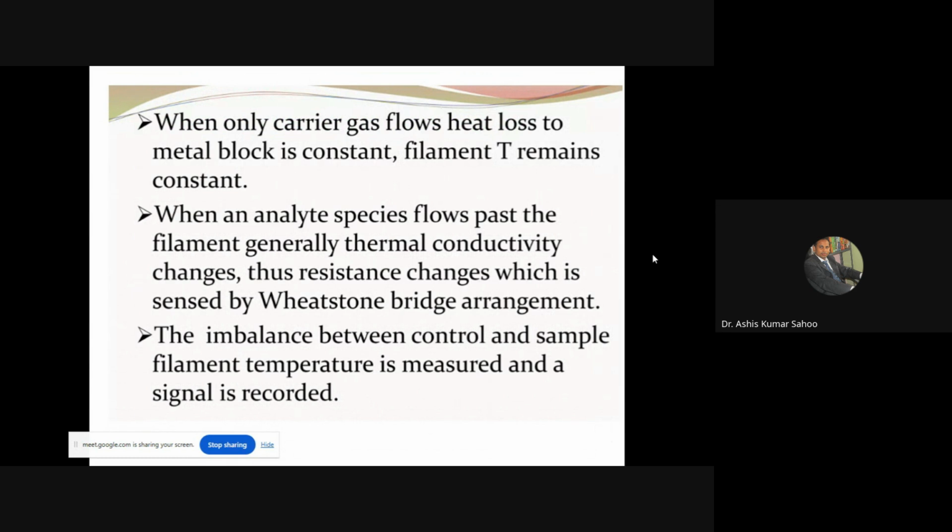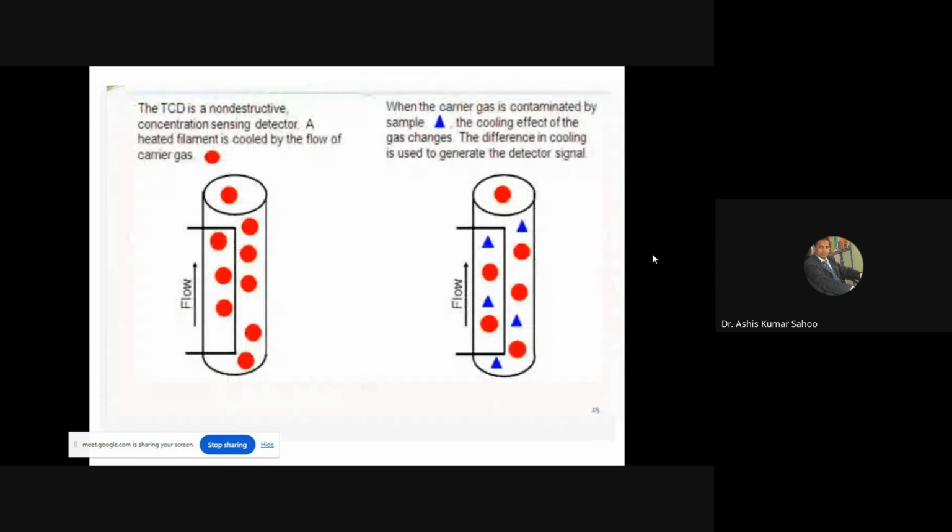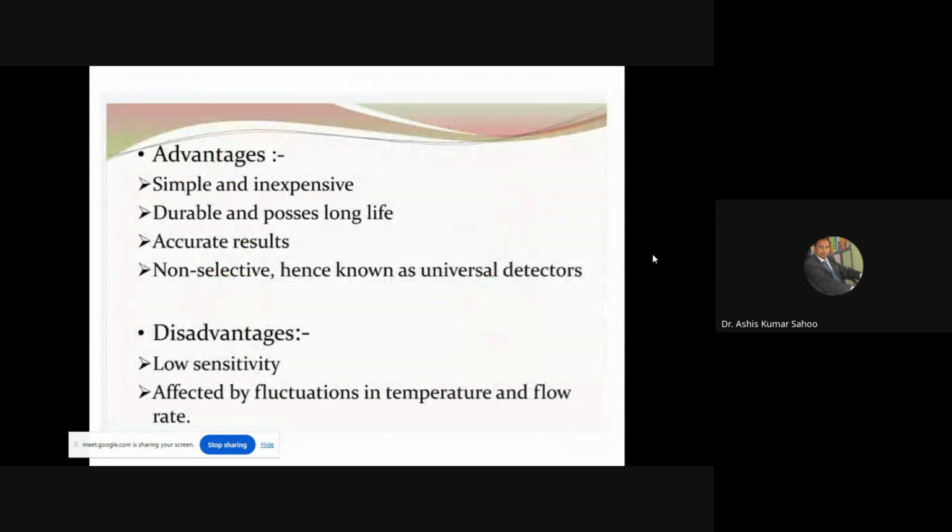So these are the different conditions. So what are the advantages and disadvantages of this detector? Simple, inexpensive, durable, possesses a long life, accurate results, non-selective hence known as universal. The disadvantage is low sensitivity.